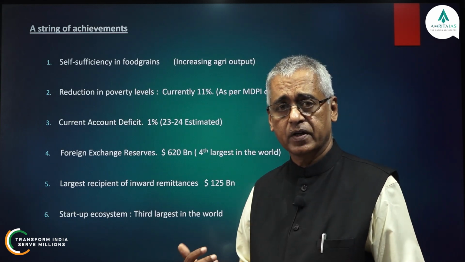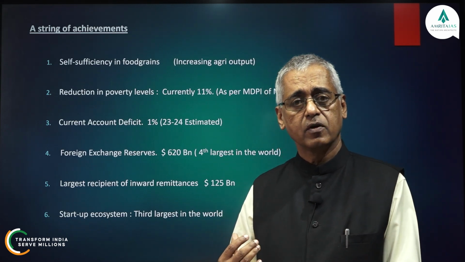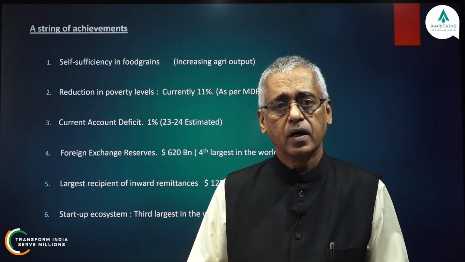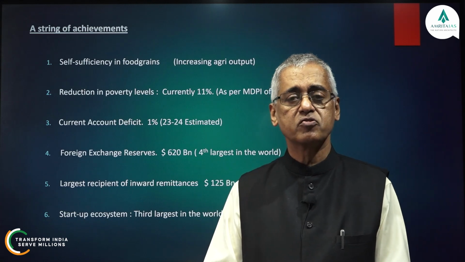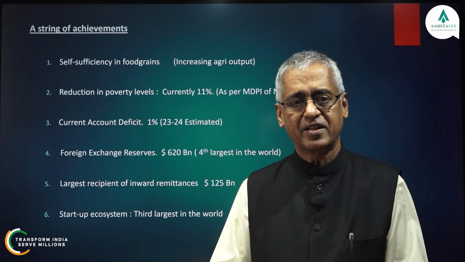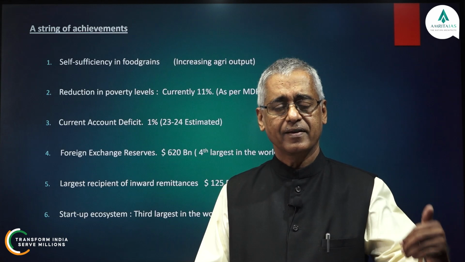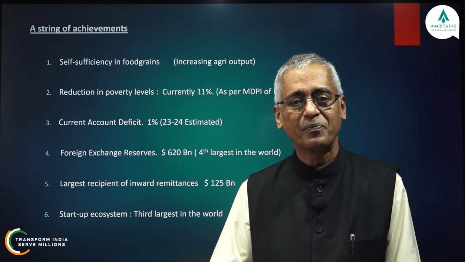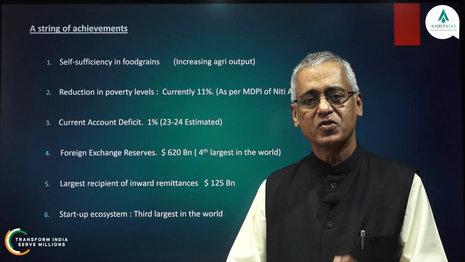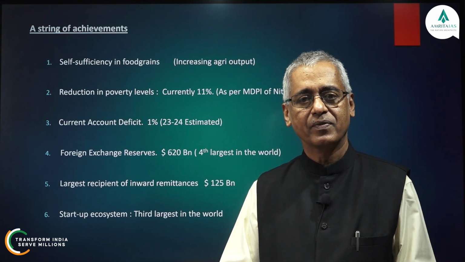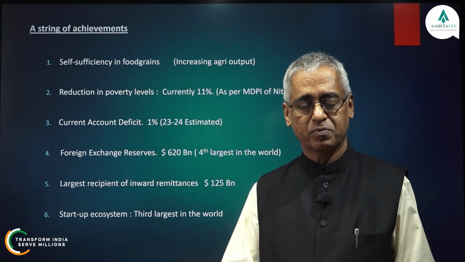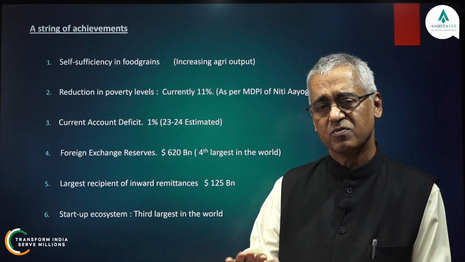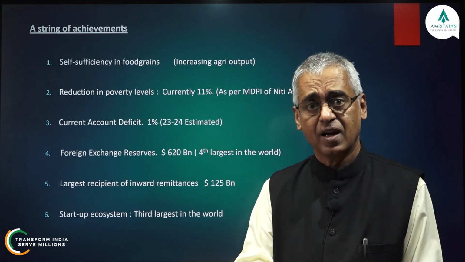Along with that, we can also claim credit for having a low current account deficit. The gap between imports and exports, including remittances and capital inflows, not the transactions on the capital account, but capital inflows like the FDI and foreign portfolio investments, all put together, has given us a current account deficit which is just 1% of our GDP at last count.